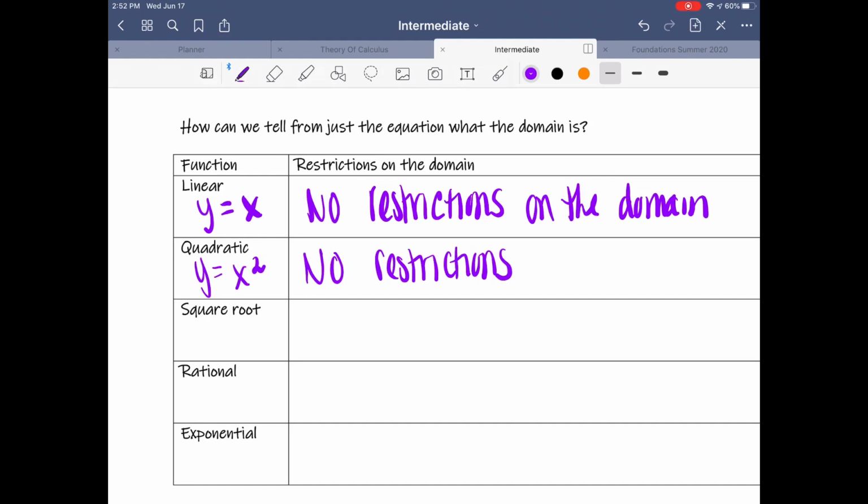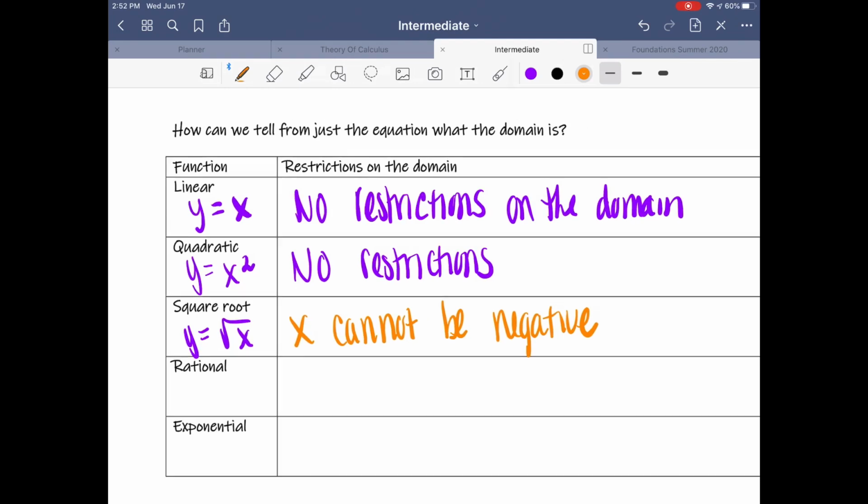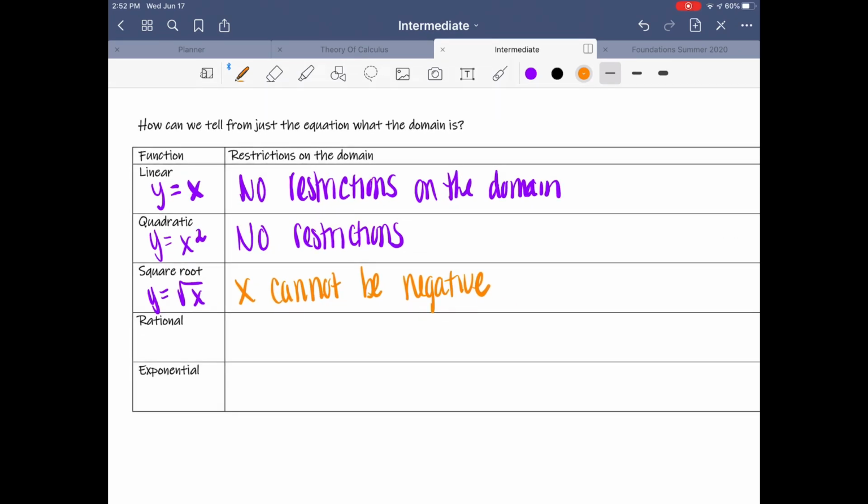It was the square root function where we had an issue. There were restrictions on a square root function because x could not be negative. Negative numbers under the square root create imaginary numbers, which you'll learn about in college algebra.